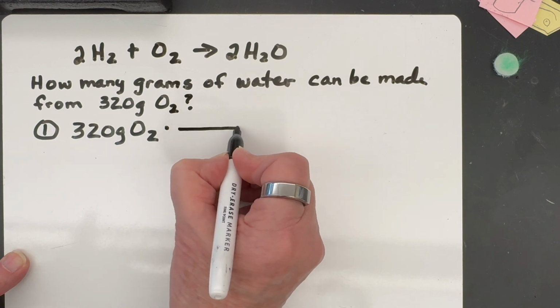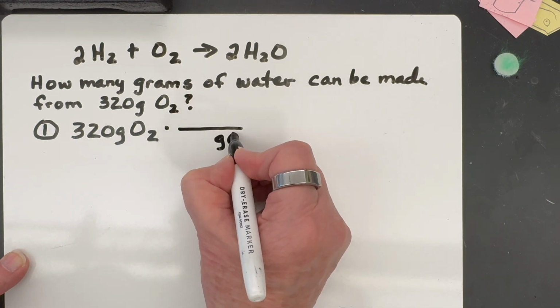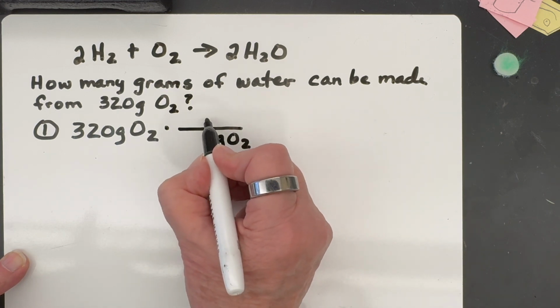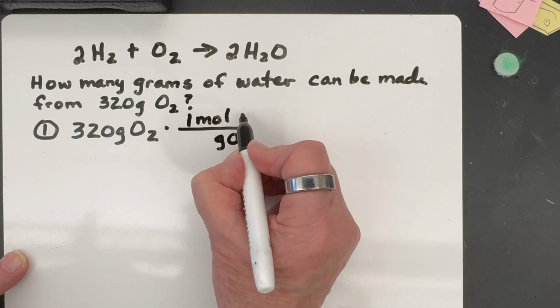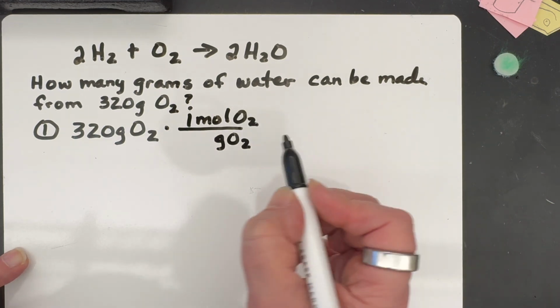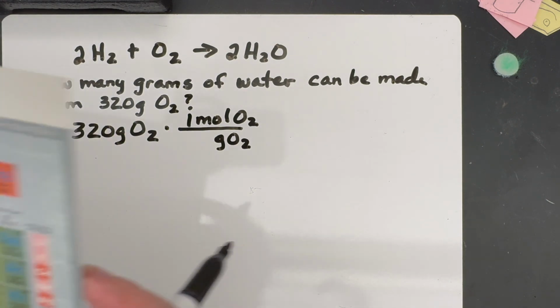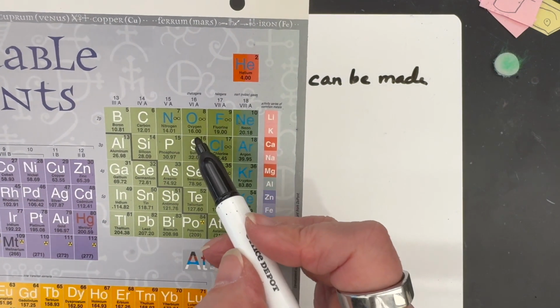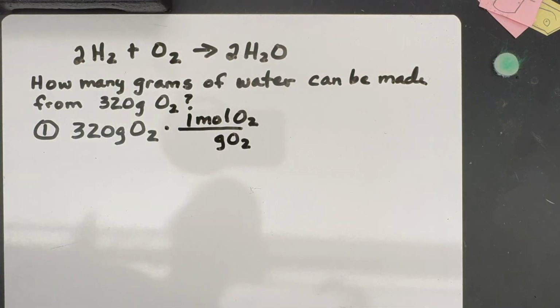So our conversion factor, we have to cancel grams of O2 and go to moles of O2. And 1 mole of anything, you can figure out the mass from the periodic table. So we look at the periodic table, and the mass of 1 oxygen is 16.00 grams per mole.